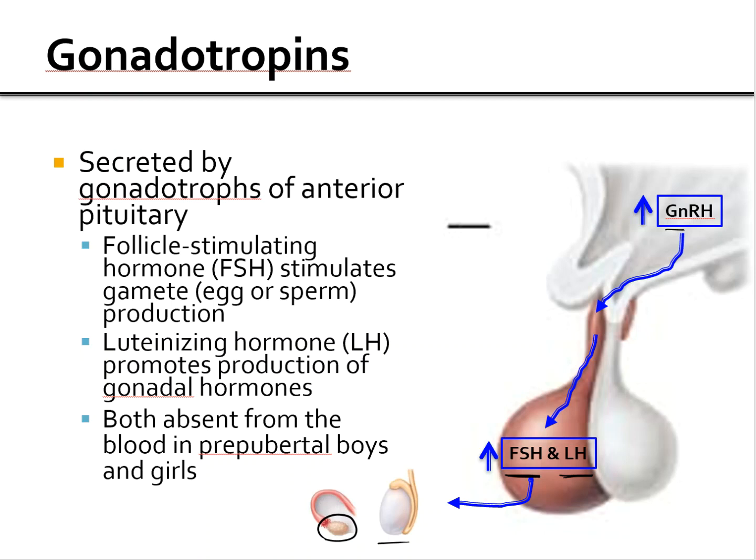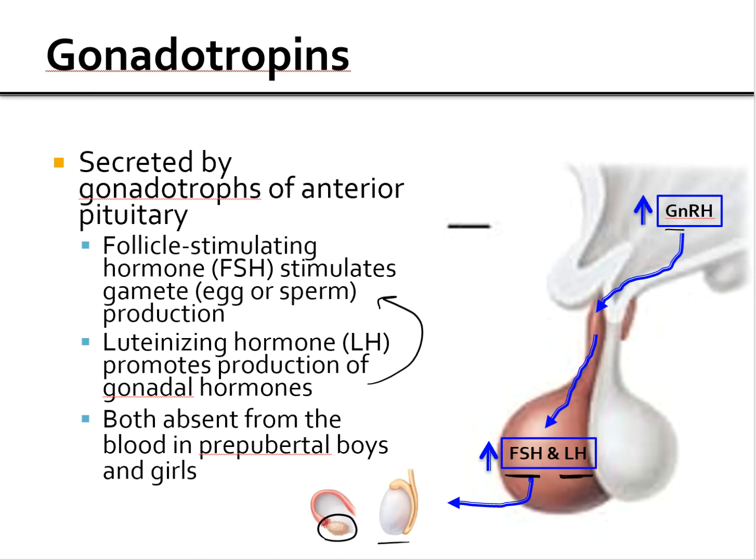FSH will stimulate gamete production, so in females the production of eggs, and in males the production of sperm. Whereas LH stimulates the production of the hormones that drive this event.